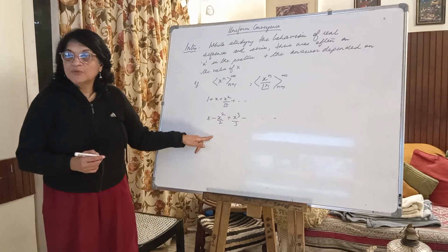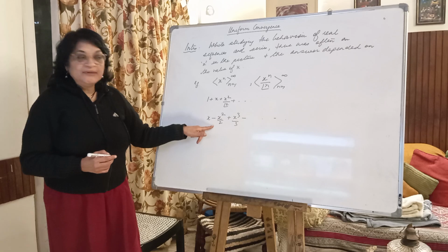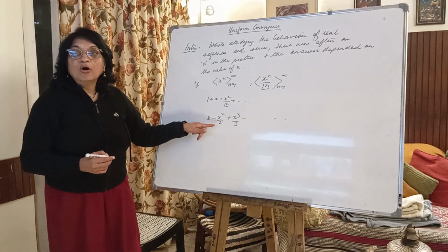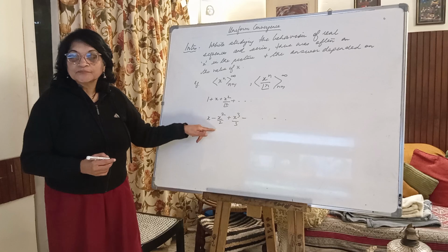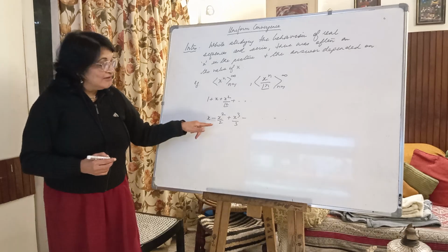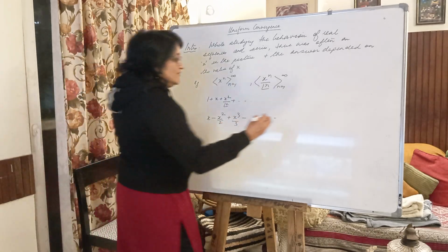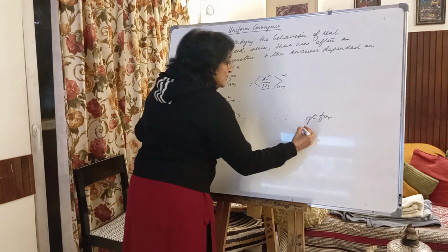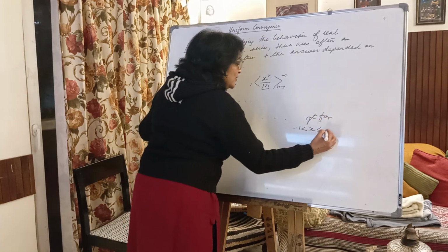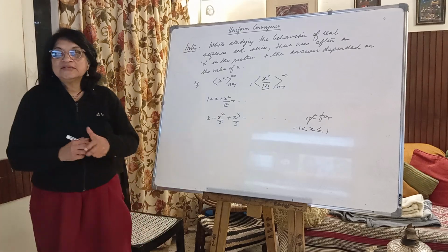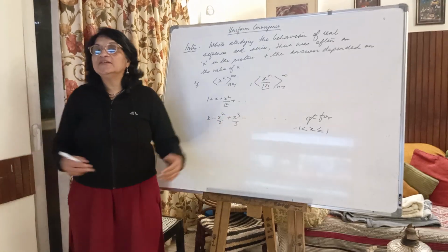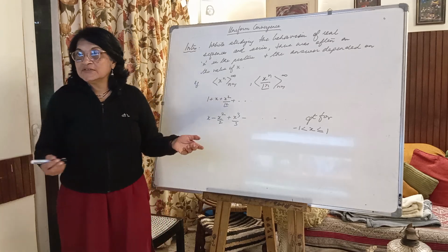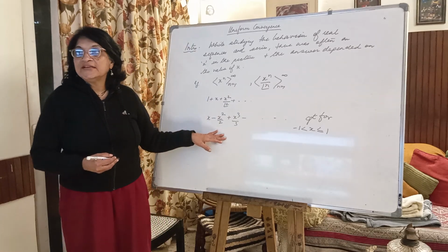Among some of the last problems we did, you might remember, this series converges for mod x less than 1 and for x equal to 1. So it was convergent for -1 < x <= 1. We call this interval the interval of convergence. Outside that interval it was divergent. This was one of the last few series we had done.